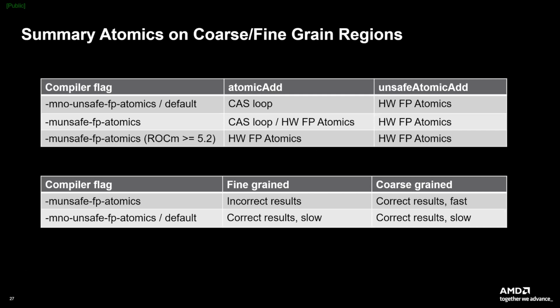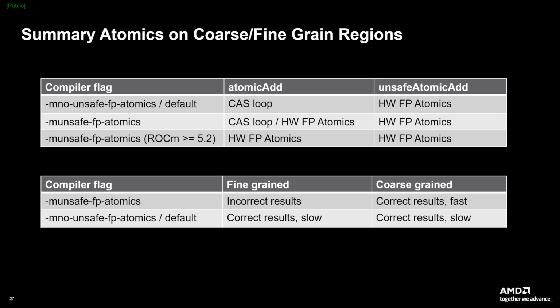So what's the summary here? I hate double negatives, but -mno-unsafe-fp-atomics will do the compare and swap loop. And if you use the unsafe atomic add, it will always get the hardware atomic.